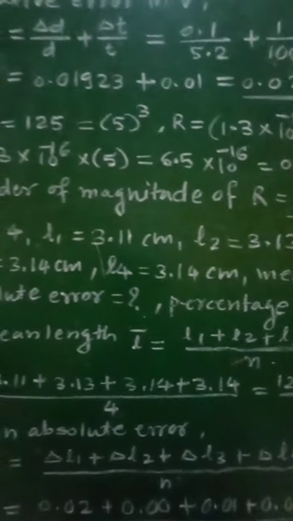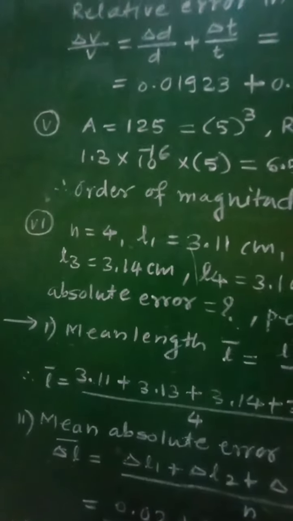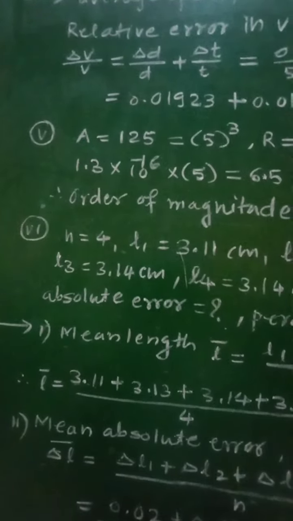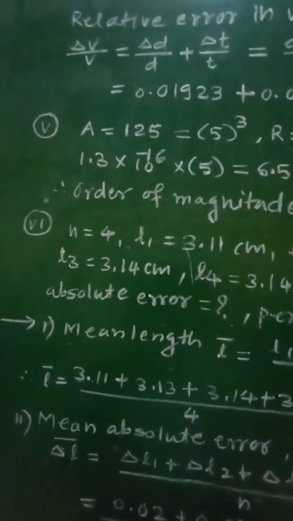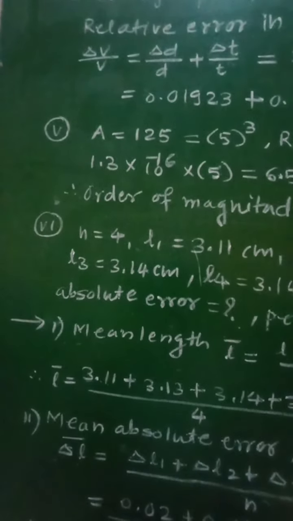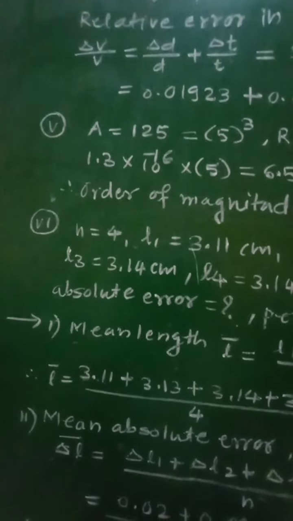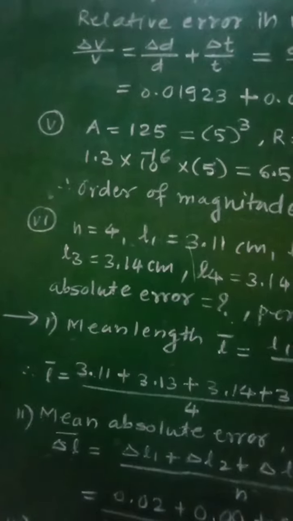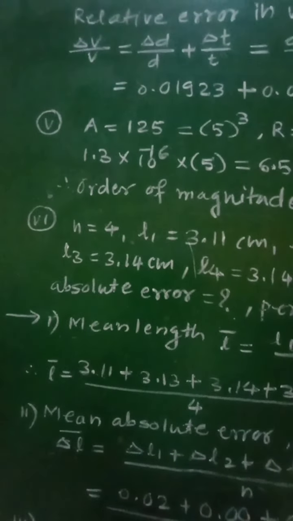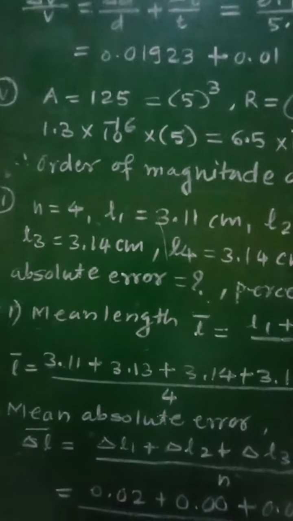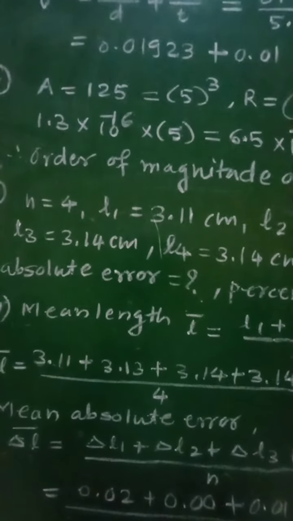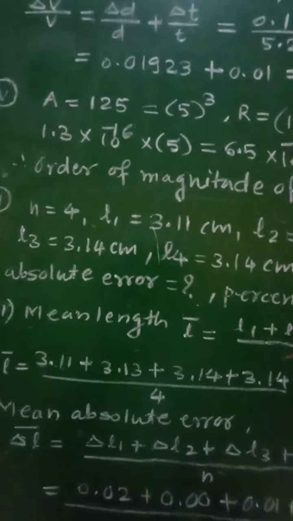Now let us see the next numerical, numerical number 6, which is stated as: in a workshop, a worker measures the length of a steel plate with a vernier calipers having a least count of 0.01 centimeter. That 0.01 centimeter least count will be nothing but the error present in each measurement.